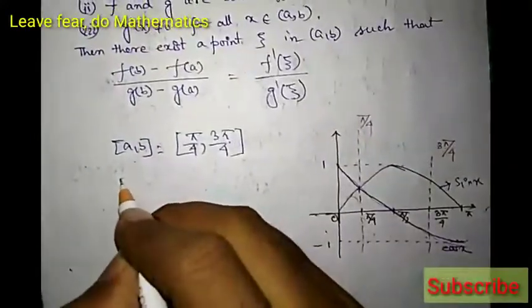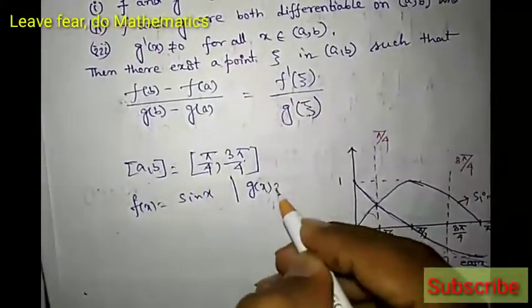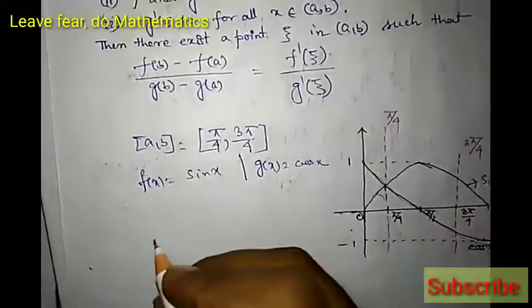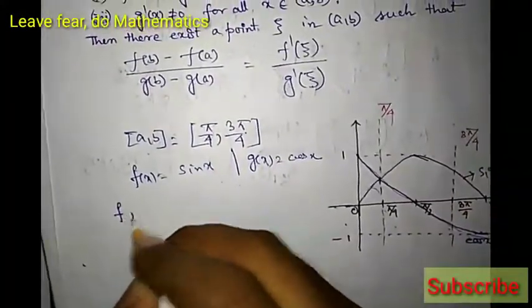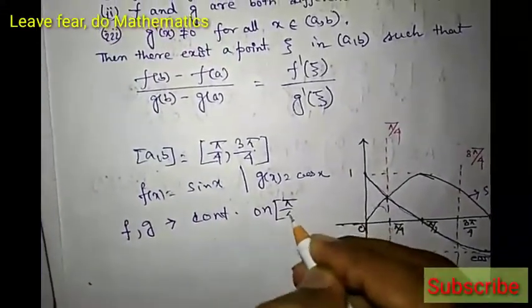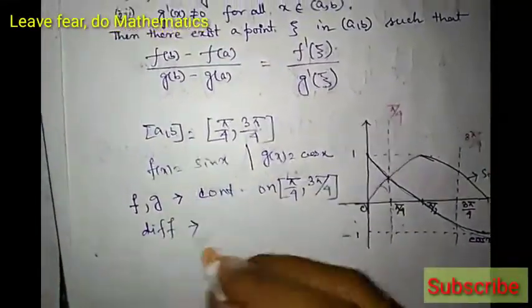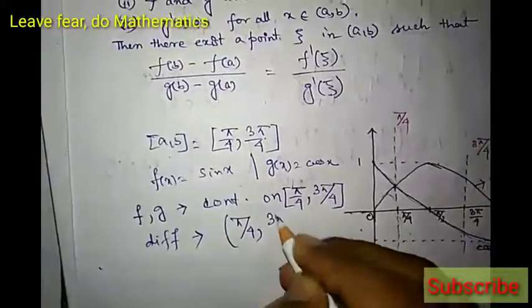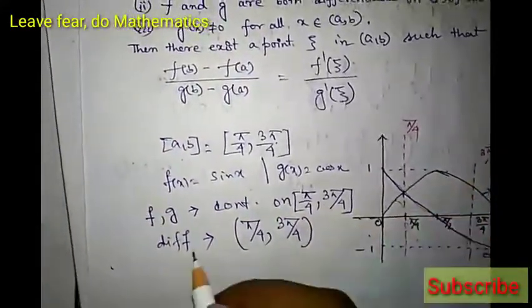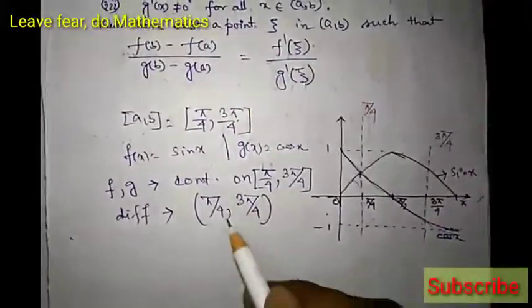So for f(x) equals sin x and g(x) equals cos x, f and g are both continuous on the closed interval [pi/4, 3pi/4], and they are differentiable on the open interval (pi/4, 3pi/4), because they are continuous on the whole of R and differentiable on the whole of R. These two are quite obvious, and the graph is the proof that they are continuous and differentiable in the interval.